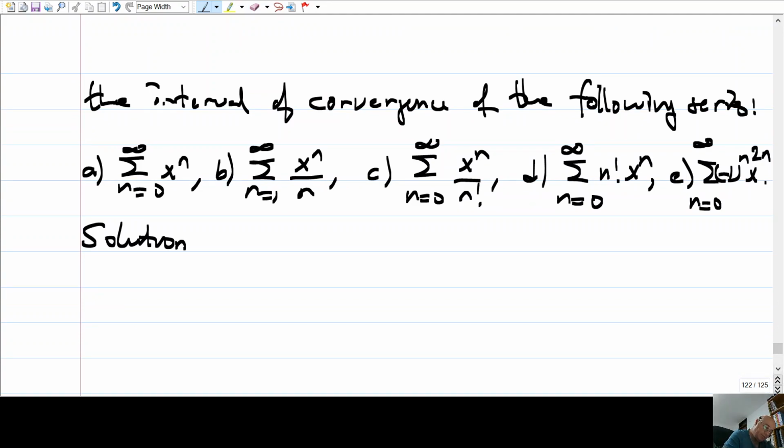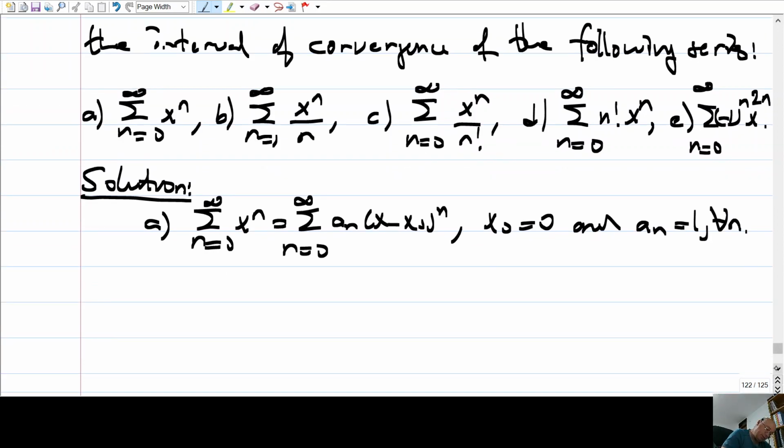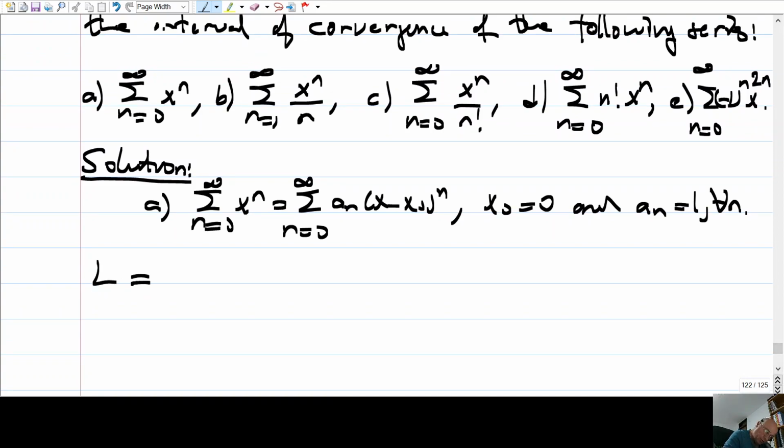Solution. Let's start with the first one. So our series is this. Okay, if I compare this with the general form, then we see that x0 is 0 and a_n is just 1, right, for all n. So what is the radius of convergence?